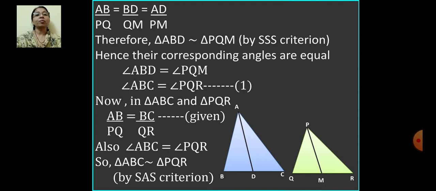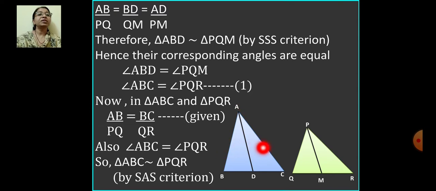So by that property you will get angle ABD equal to angle PQM. Right? Now this angle ABD can be written as angle ABC equal to PQR. Here it is, same angle, only the names are different. So ABC equal to PQR. Give this as equation number 1.